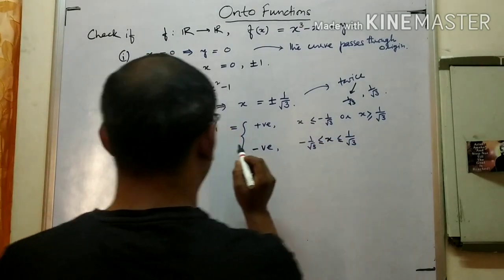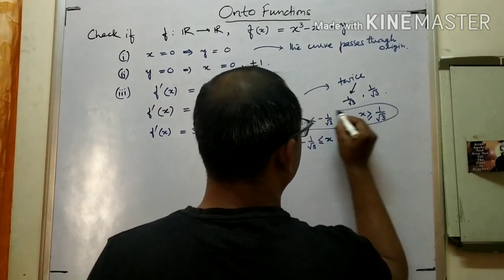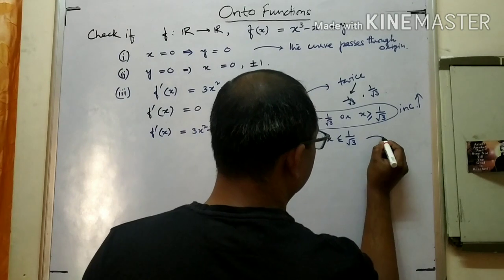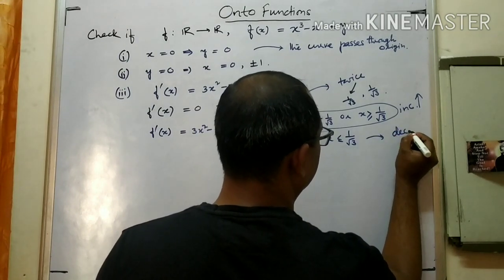So this shows that in the outer intervals the function is increasing, and in this interval the function is decreasing.